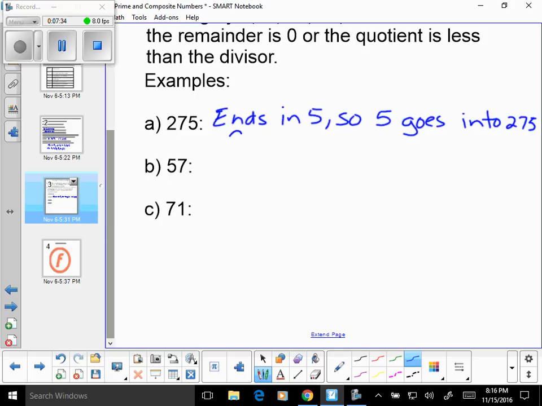That tells us automatically that our number is composite. Do we write down "ends in 5 so 5 goes into 275"? No, that's done mentally. What you write down is the C for composite. Okay, B. Hit pause. Try it.